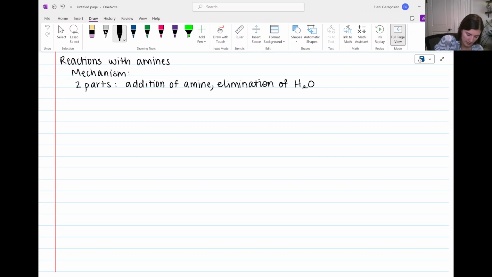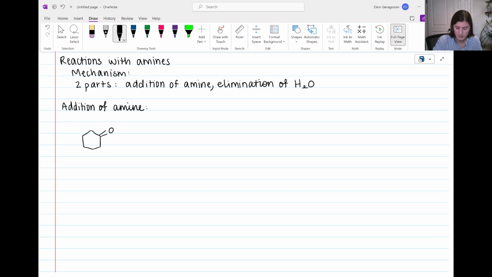So we'll start with the addition of amine. We'll start with cyclohexanone. You could follow the same mechanism with different aldehydes or ketones.